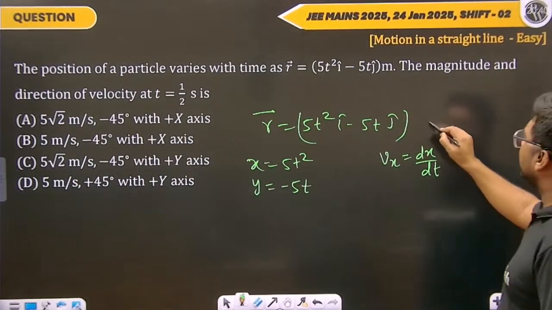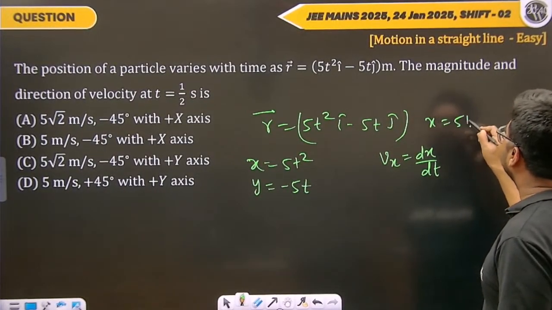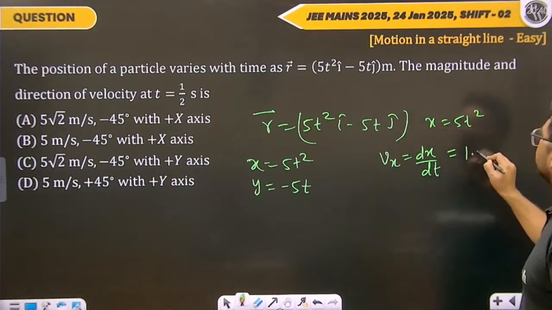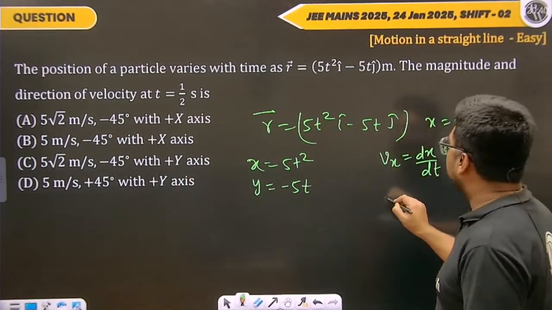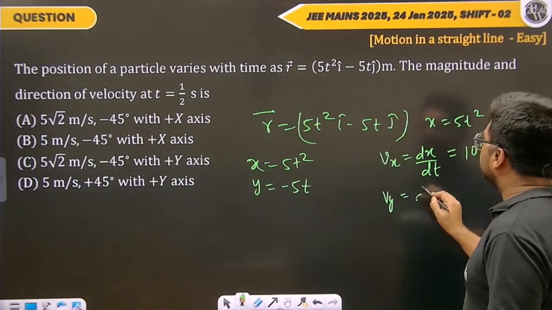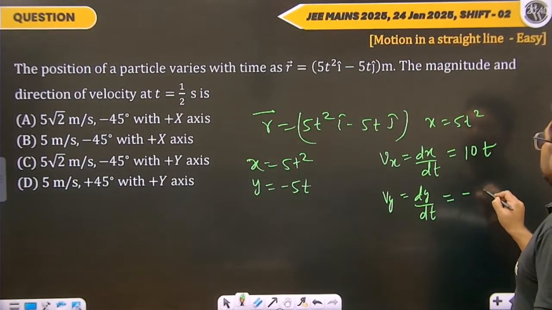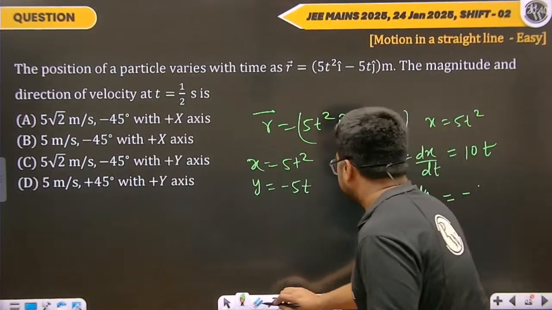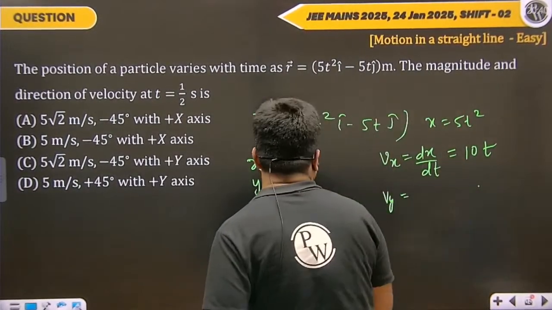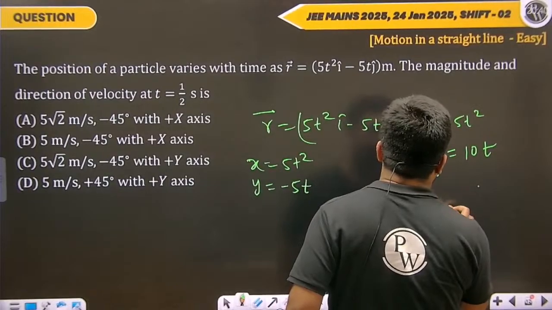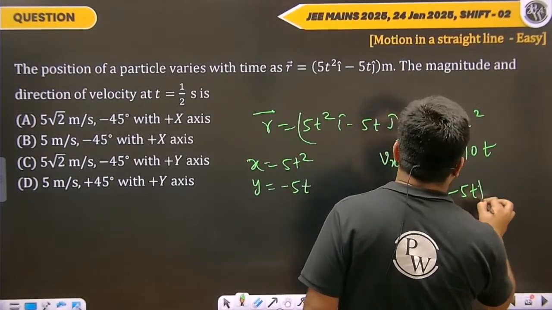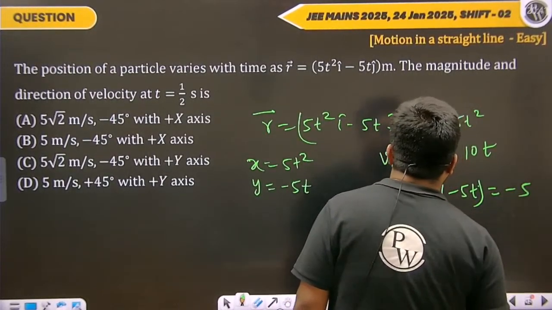So we can write x is 5t square and vx is dx by dt, this is 10t. Okay, and this is vy. Vy is dy by dt. So minus 5t, this is minus 5.